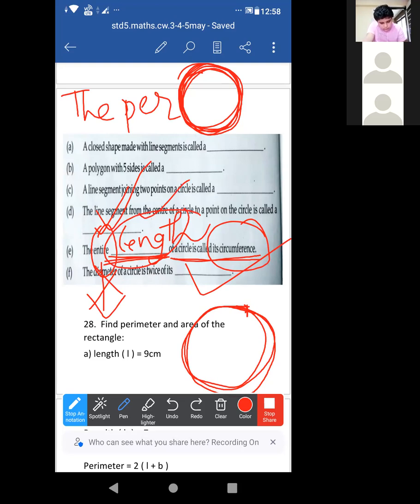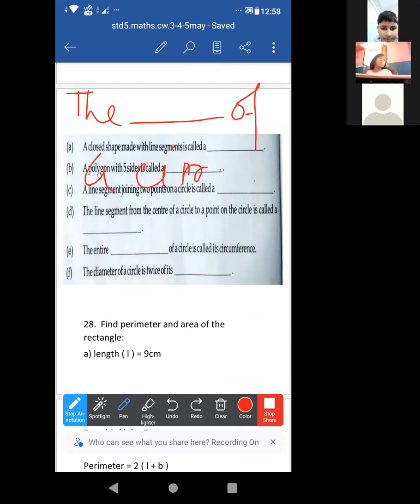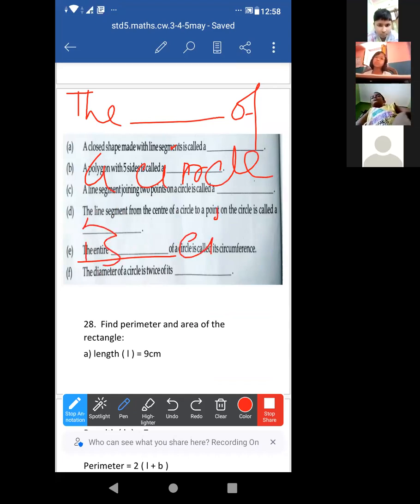Clear to all of you? If the word entire is not given, suppose a question is given like this, the dash of a circle is known as circumference, then you can write perimeter.